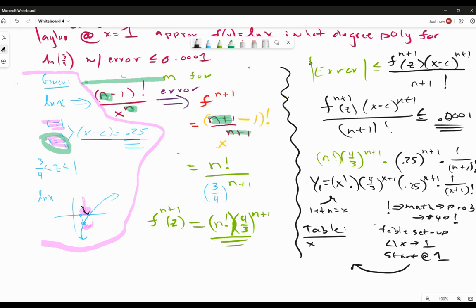It'll say x, which is really n, if you remember, and then it'll say y1. It'll say 1, 2, 3, 4, 5, 6, and it'll have all these decimals along here.